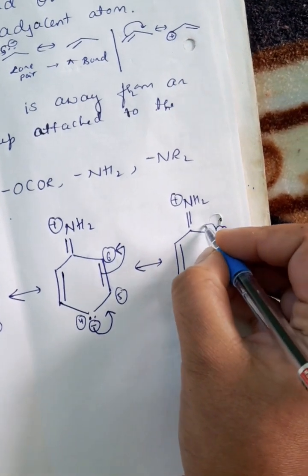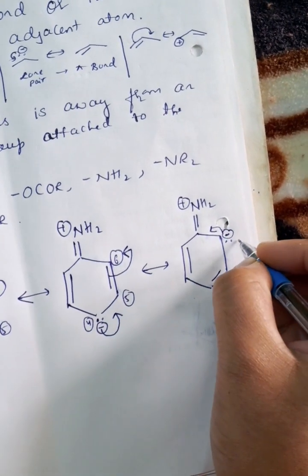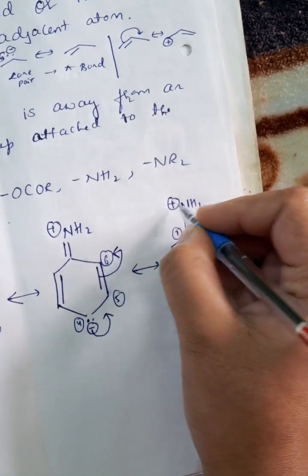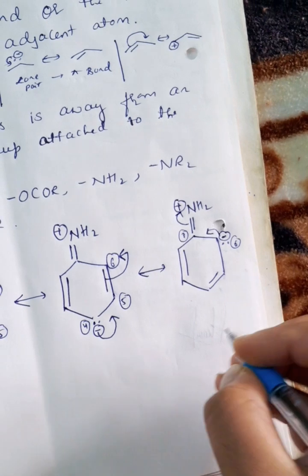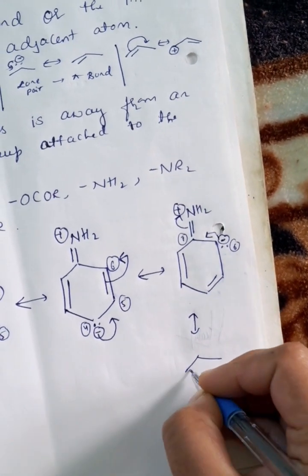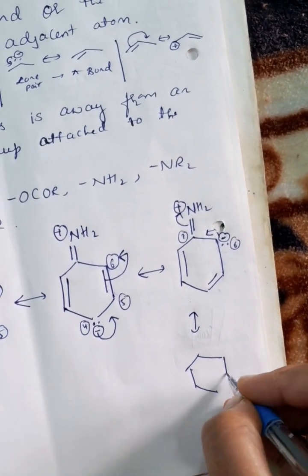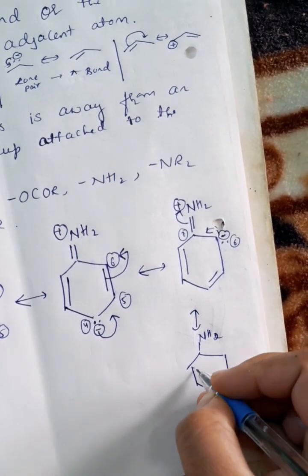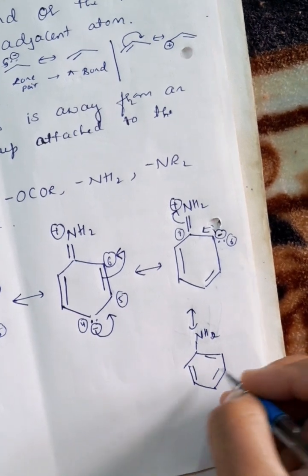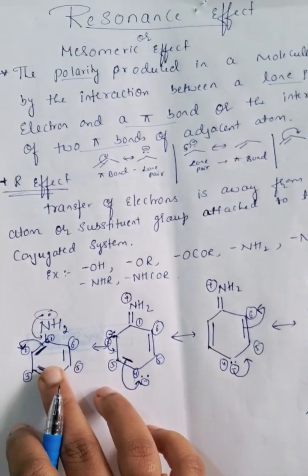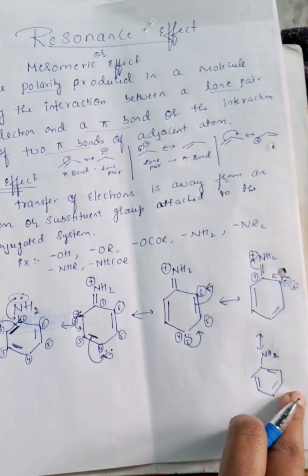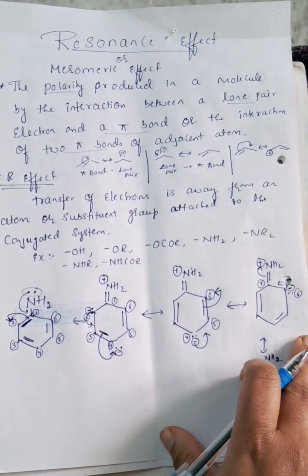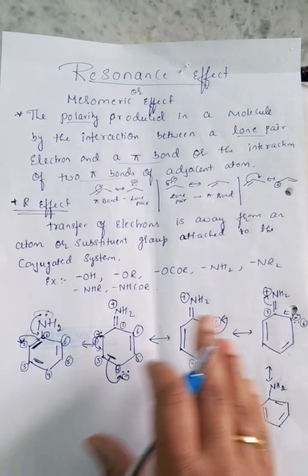The next shift is the final shift: from carbon 6 to carbon 7 the shift takes place and I satisfy this positive charge like this. As a result, NH2 as it is, you get back your original structure, that is aniline. Make sure that the structure comes back to where you started, and it should not have any positive or negative charge. So this is the resonating structure of aniline.